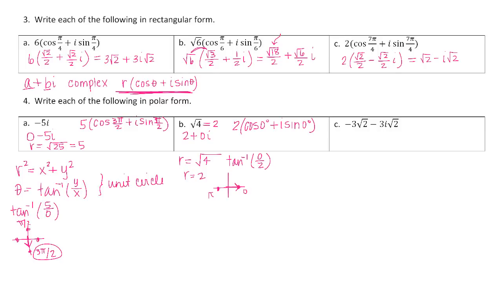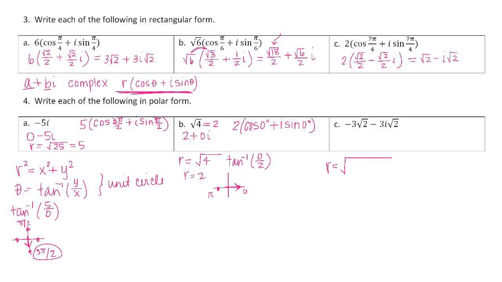Okay, moving on to the next one. So we have negative 3 root 2 minus 3i root 2. So here, again, we're going to have to find our radius. We already have it in the form that we need. So the radius for this one is r equals the square root.